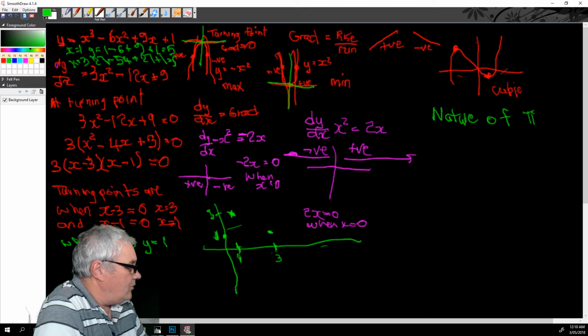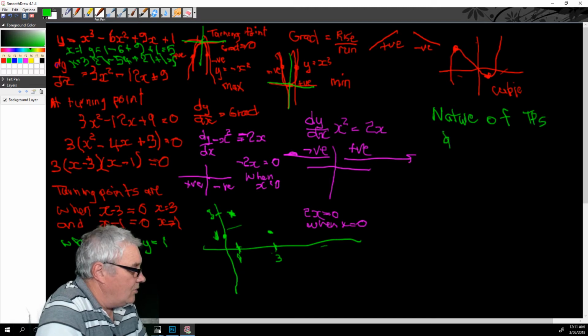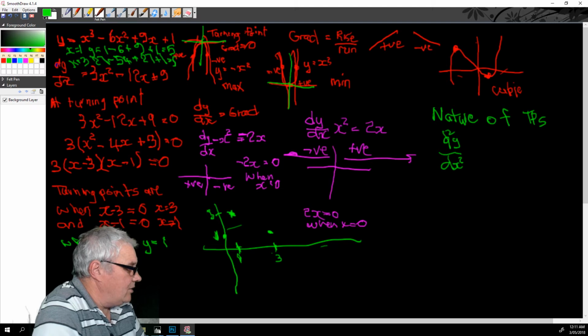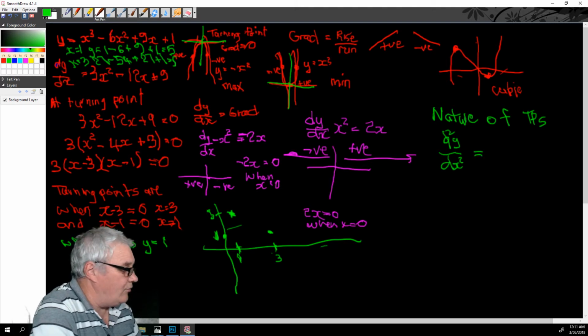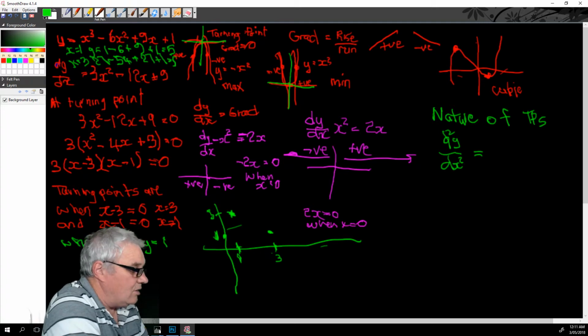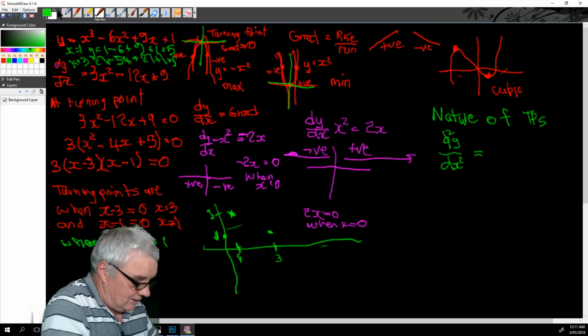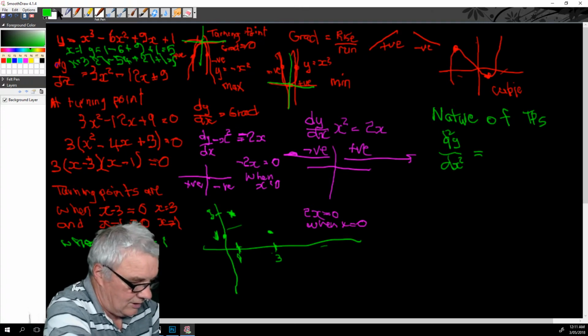We look at the TPs, the second derivative, d2y by dx squared. And in this case, we take the derivative of, well, I'll just undo that.